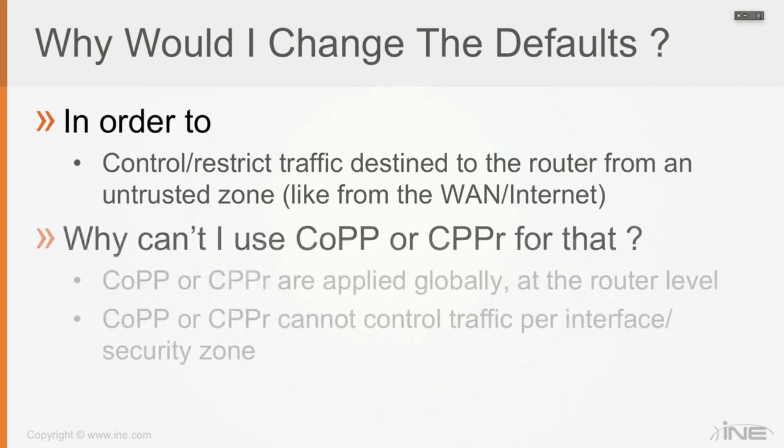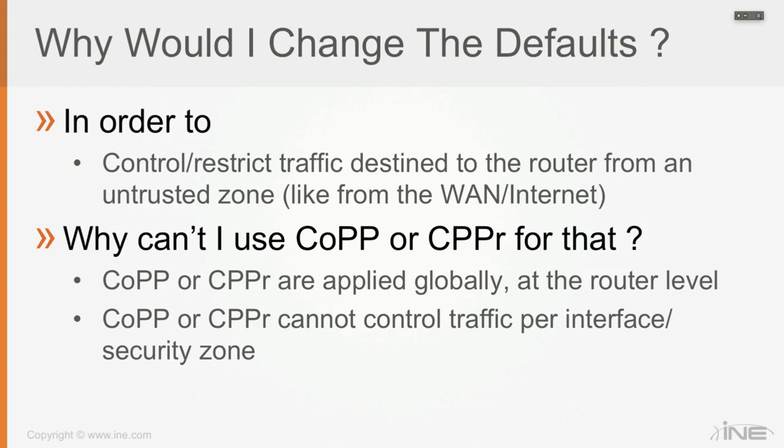Then you might ask, why can't I use control plane policing or control plane protection for that? Because as we saw in the first day of the class, control plane policing or control plane protection are applied globally at the router level. I cannot configure COPP or CPPR to control traffic per interface or per security zone.